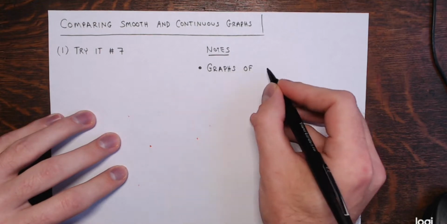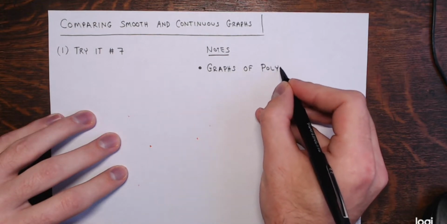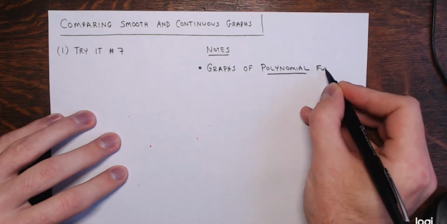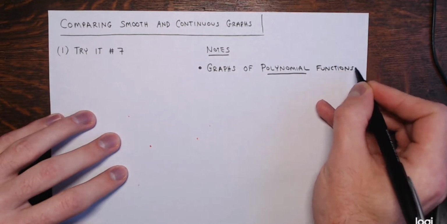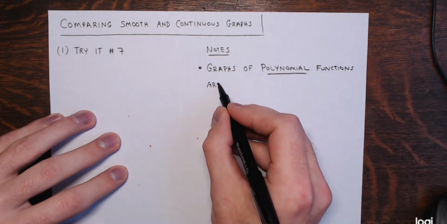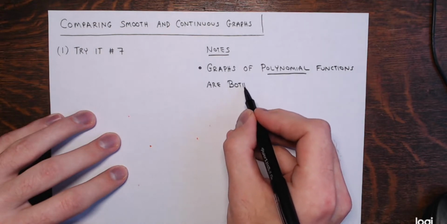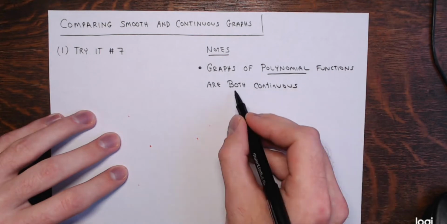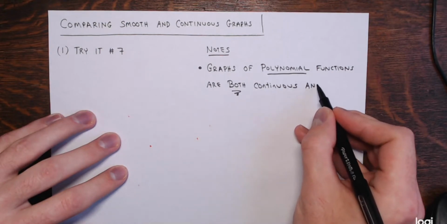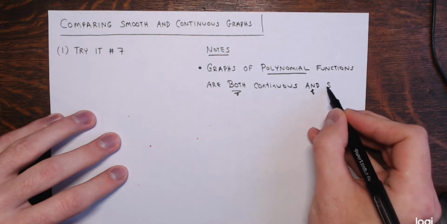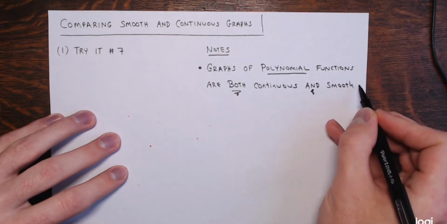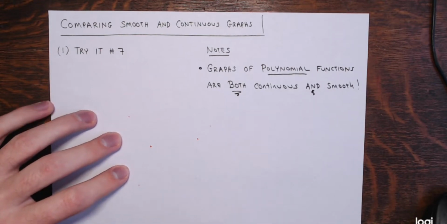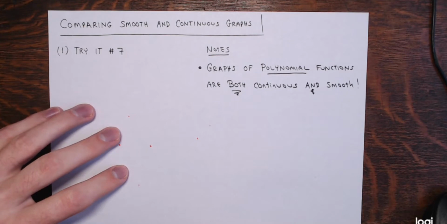Graphs of polynomial functions are both continuous and smooth.